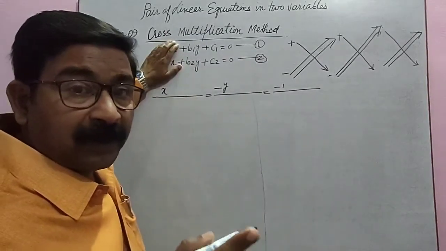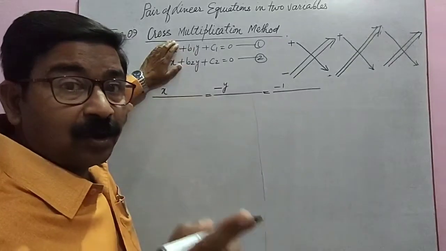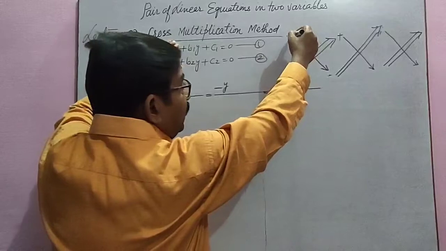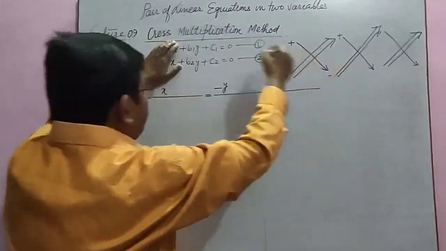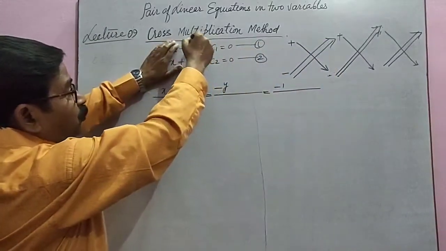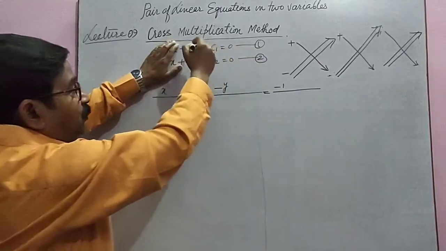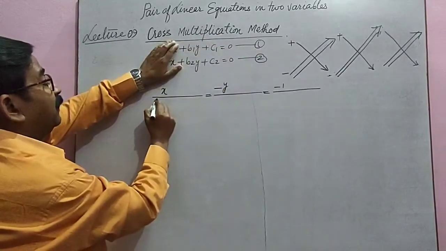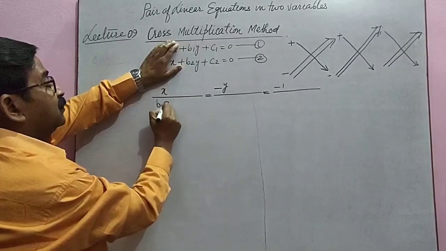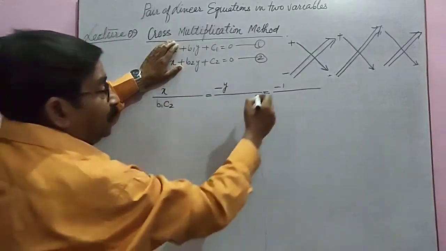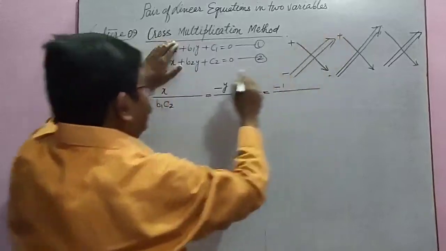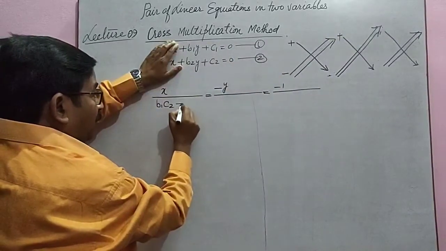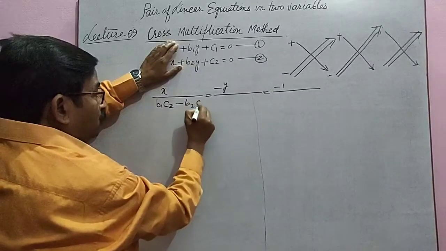We have to multiply only the coefficients. When you multiply top to bottom, it is positive. This is top to bottom cross multiplication, so the product is b1 c2. Then bottom to top is b2 c1, and it is negative, minus b2 c1.